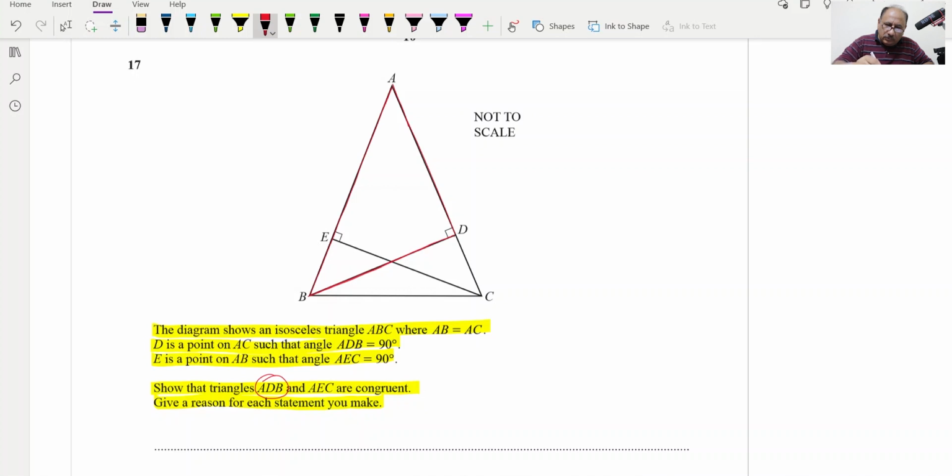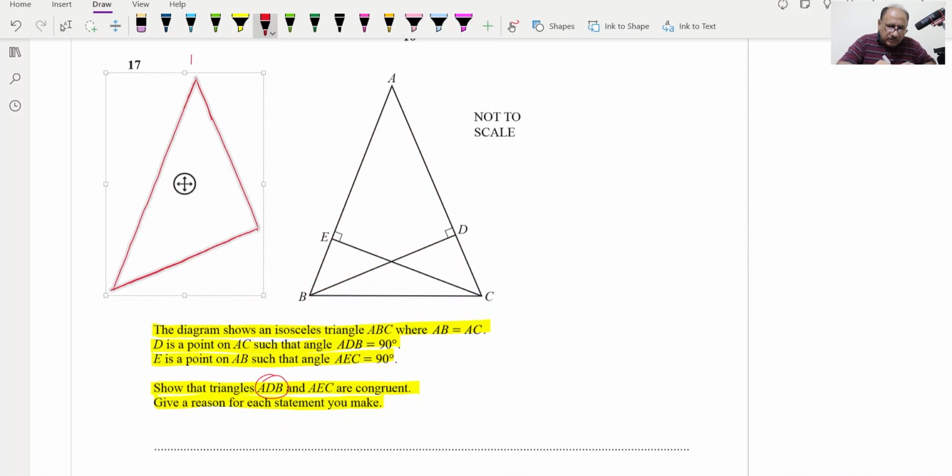So what we will do, we can move this triangle. This is our triangle A, D and B, and it is given that this is 90°. Now the other triangle, which is AEC, we will draw AEC also.